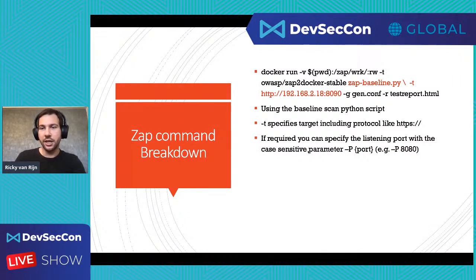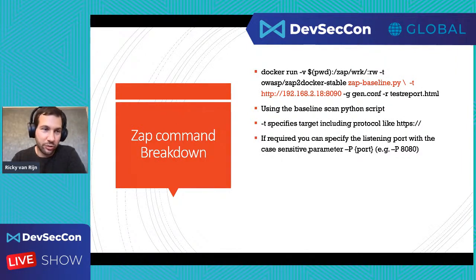Using the baseline scan Python script here with the target, dash t. T is the target, including the protocol. So HTTPS or HTTP, that's also needed to state. It doesn't do anything if it gets an error, because it doesn't know how, where, what.